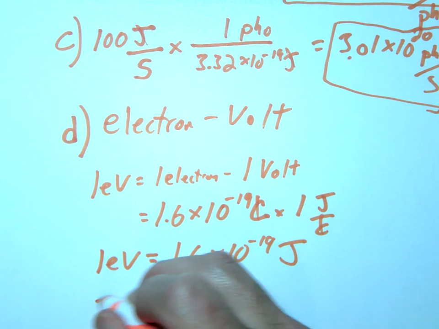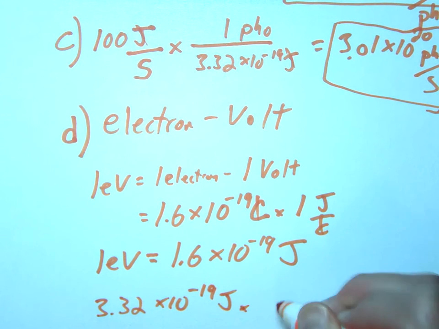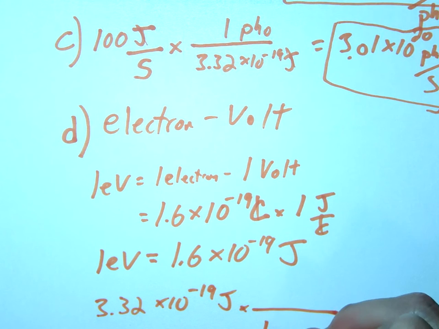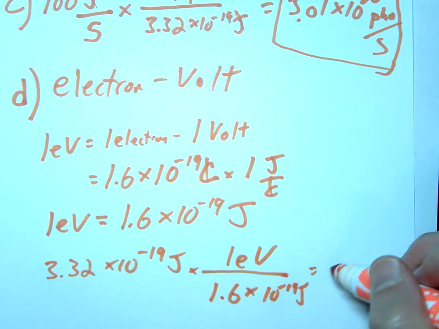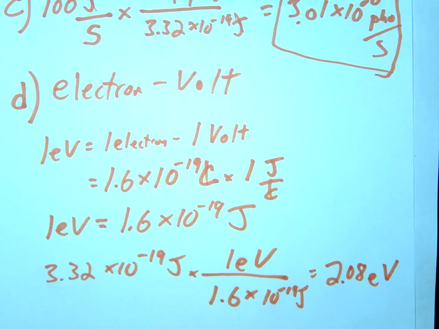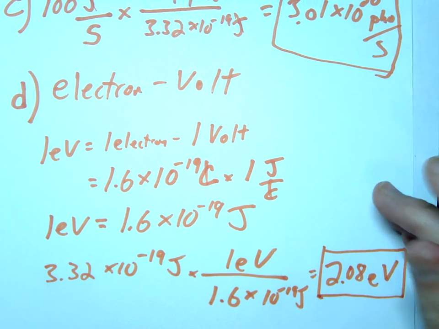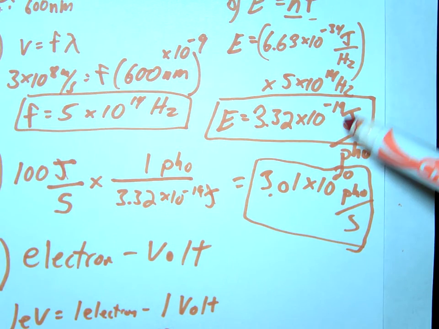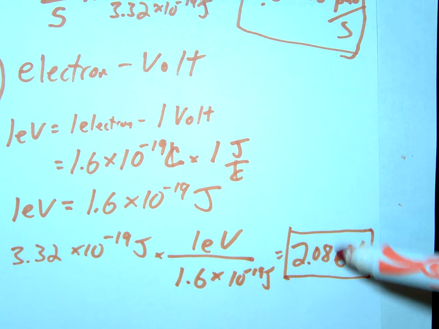If this is 3.32 times 10 to the negative 19 joules, then we'll just go ahead and divide by the joules per electron volt, and that's going to give us about 2. Okay, 2.08 to be exact. So it just gives us a better reference of what we mean by these photon energies. They're very small, but it's about the equivalent of 1 electron put under 2 volts of potential.